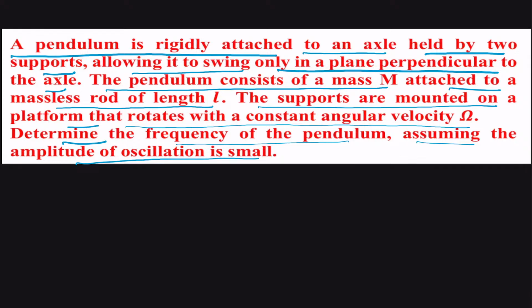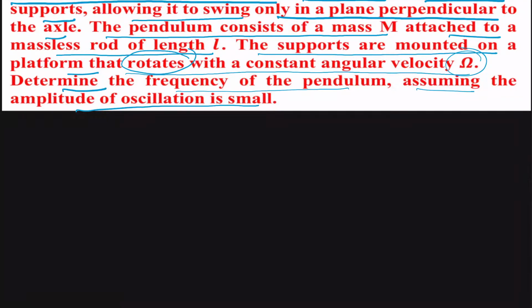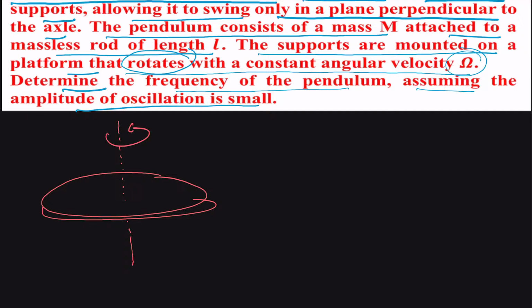So in this case, we can just draw an approximate figure. We have a platform that is being rotated at a constant angular speed of omega. Let us suppose this is our platform, and this is the axis of the platform, and it is rotating in this direction with a constant angular velocity omega.